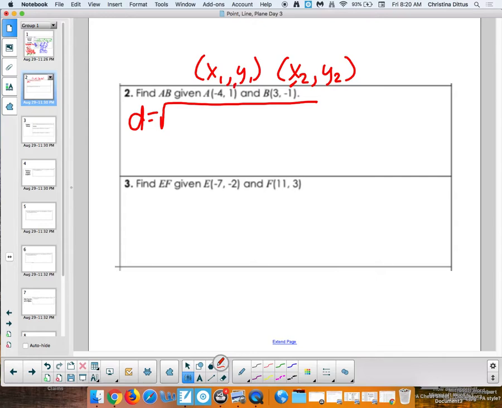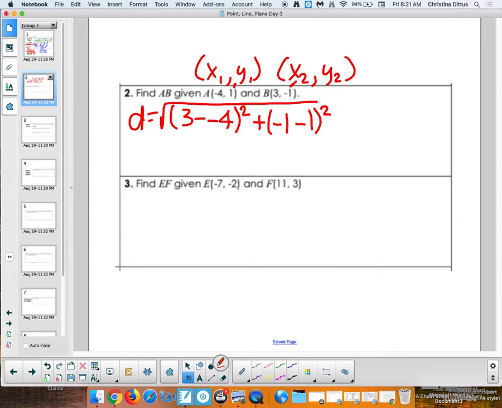So our x2 is 3, so we put in 3. And then our formula says minus. Now what's my x1? -4. So I have minus a -4, squared, plus, what's my y2? -1 minus, what's my y1? 1, squared. Okay, questions why we got what numbers, what order?